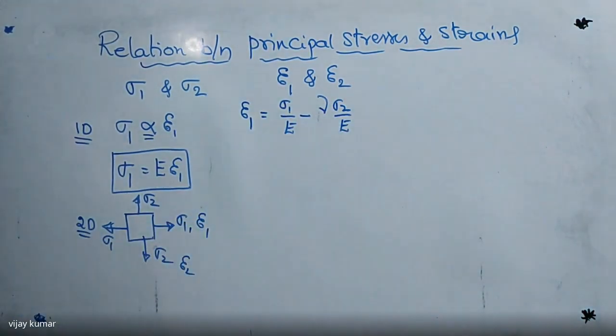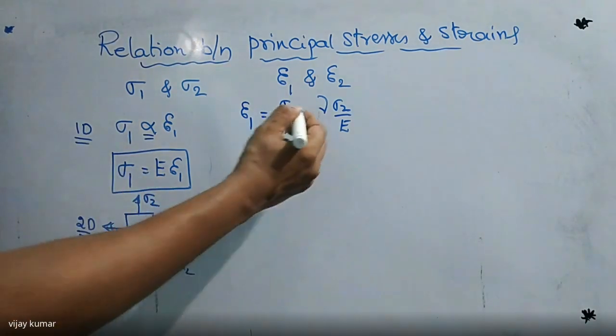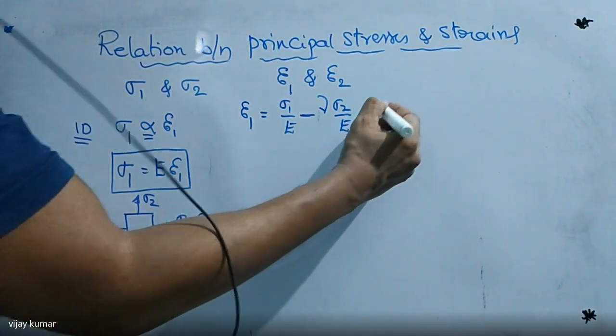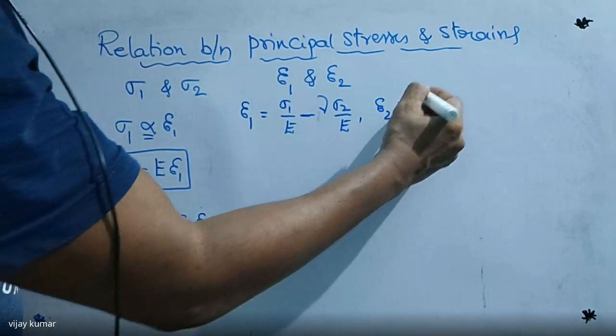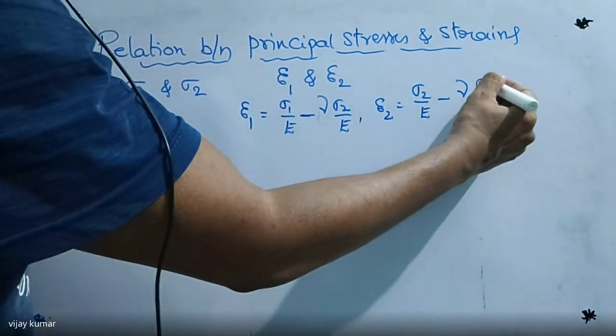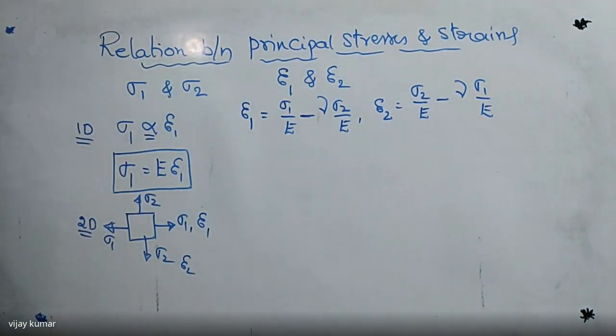We know the relation: Poisson's ratio is equal to lateral strain by linear strain, but both are opposite to each other. That's why I'm going to put a negative sign, as I already told you. And another relation, epsilon 2 equals sigma 2 by E, which is the linear part, minus Poisson's ratio into sigma 1 by E, which is the lateral strain.